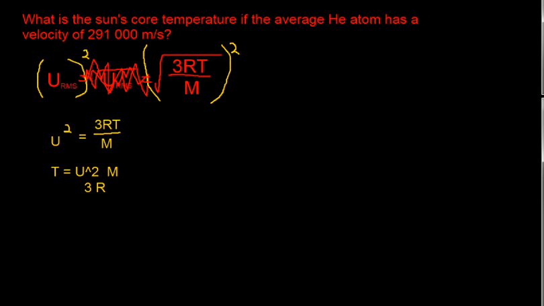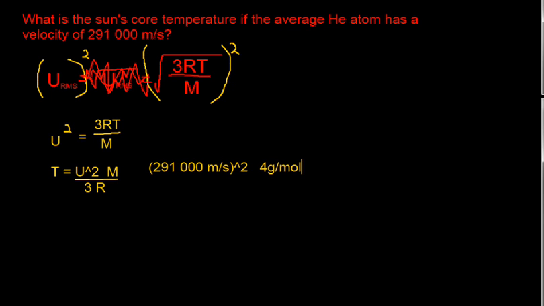And we know everything else here, so now it's just a matter of throwing it into the equation. Here we know u is the average velocity, so we have 291,000 meters per second, and we're going to square that. And we're going to multiply that by the mass, which is 4 grams per mole.